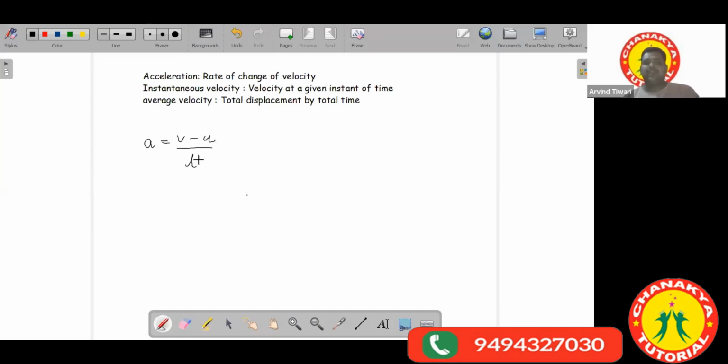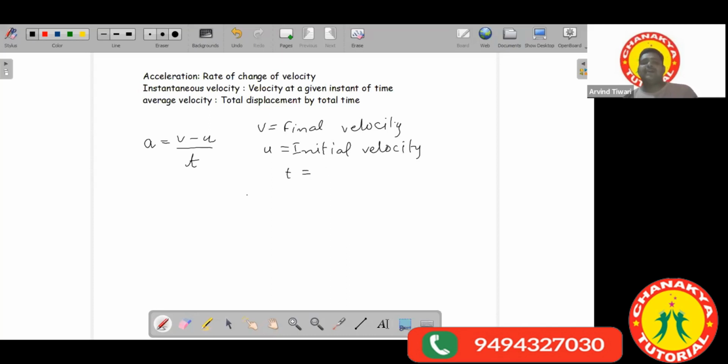The symbols v and u there have their meanings. v represents final velocity, u represents initial velocity, and t represents time.